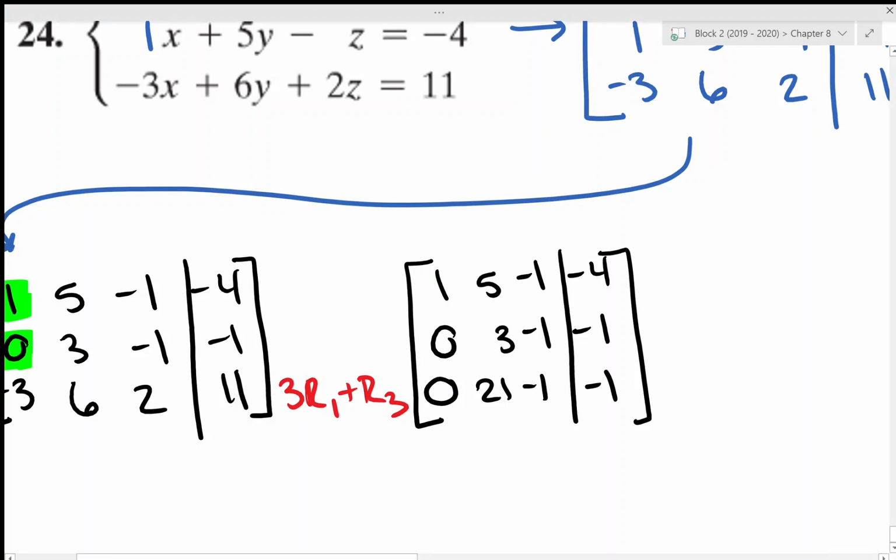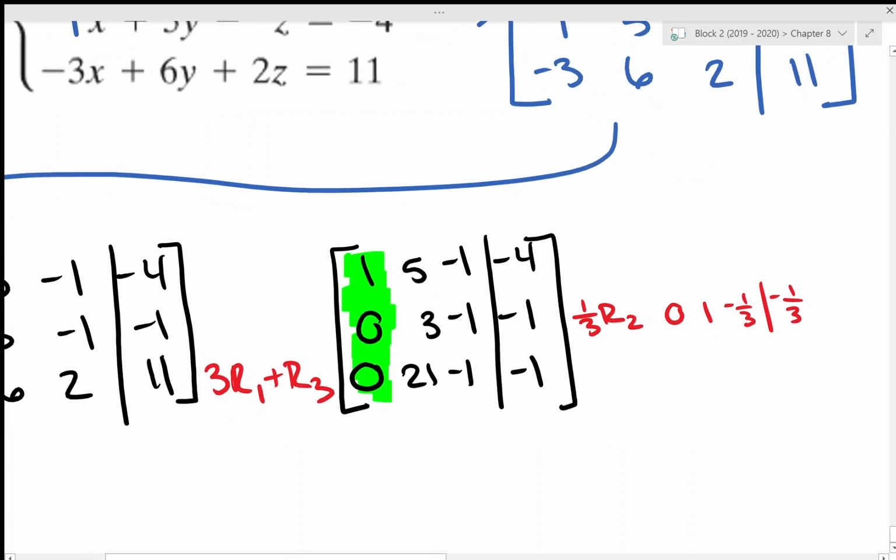Now I just need to move on and make the next one. Now if you look, if I multiply a third to row 2, I will get 0, 1, negative a third, line, negative a third. Now let's see row 3, if that's easier. I would have to multiply 1 over 21 to row 3, and I would get 0, 1, negative 1 over 21, line, negative 1 over 21. I think you guys can agree with me that we would rather work with a third than 1 over 21.